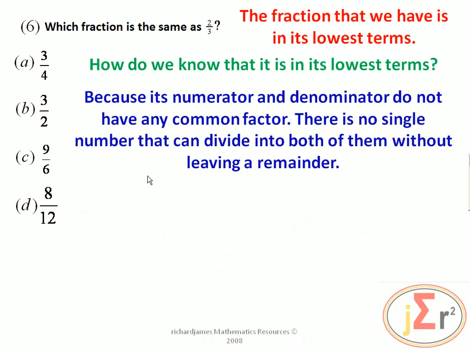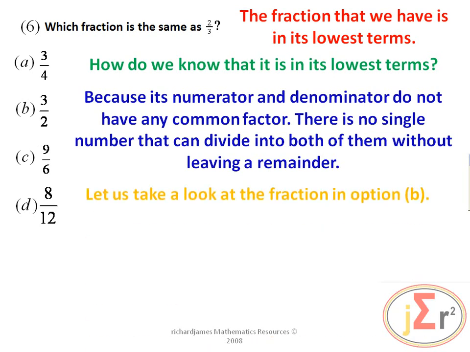Well, with the exception of 1. And if we use 1, then the fraction will not be reduced. Because if we use a common factor of 1, what will happen? When 1 divides into a number, the number will remain the same. So 1 cannot be used as a common factor to reduce fractions.